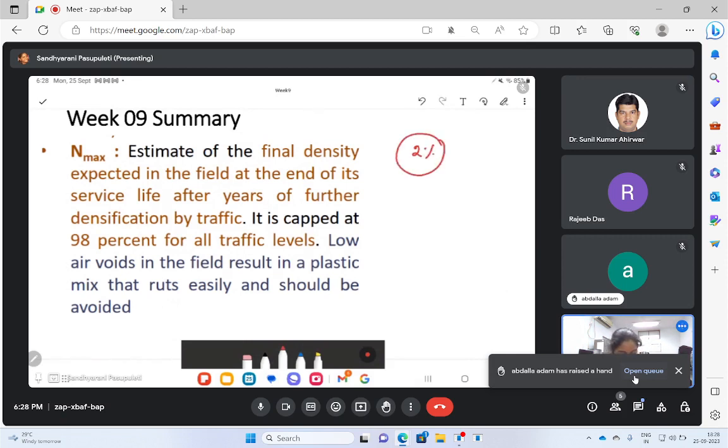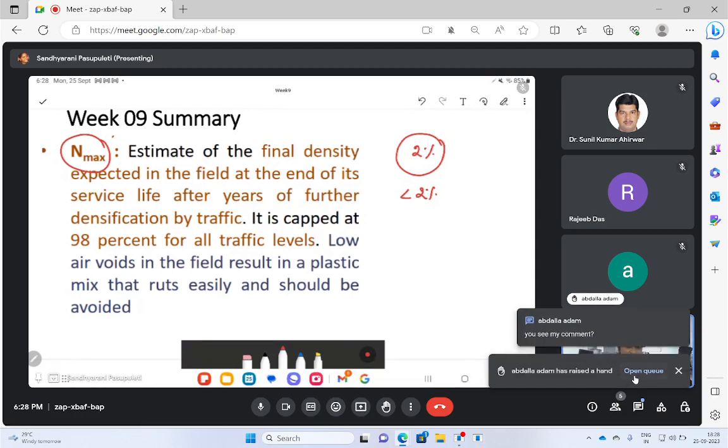According to the specification of N maximum, our air voids in the mix should not be less than 2%. Because if the air voids are too low, what happens? Especially in the summer, there are not sufficient air voids to accommodate the bitumen expansion. In summer, bitumen will try to expand. There is no space. Then what happens? All the bitumen will try to ooze out. It will come out. That will cause one of the problems, bleeding.